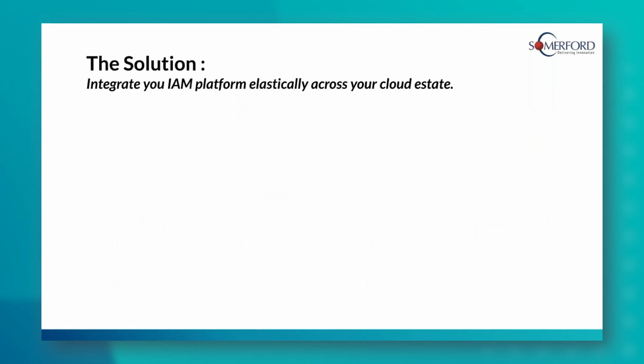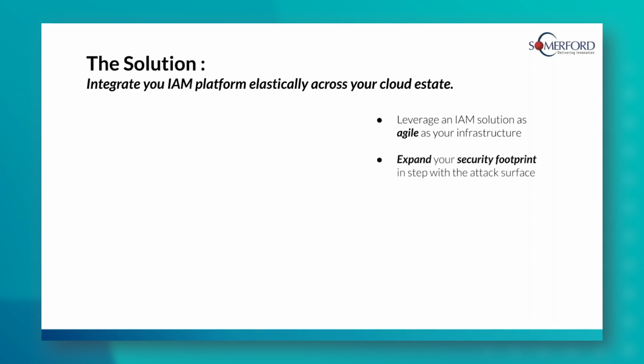So the solution there is to integrate your IAM platform elastically across your cloud estate and leverage the IAM solution. It is agile and your infrastructure is agile, and they're as agile as each other, so they can keep up. We're going to expand our security footprint as the attack surface expands, so our visibility and footprint expand along with it. We're going to ditch default credentials and start to embrace identity in everything that we do.